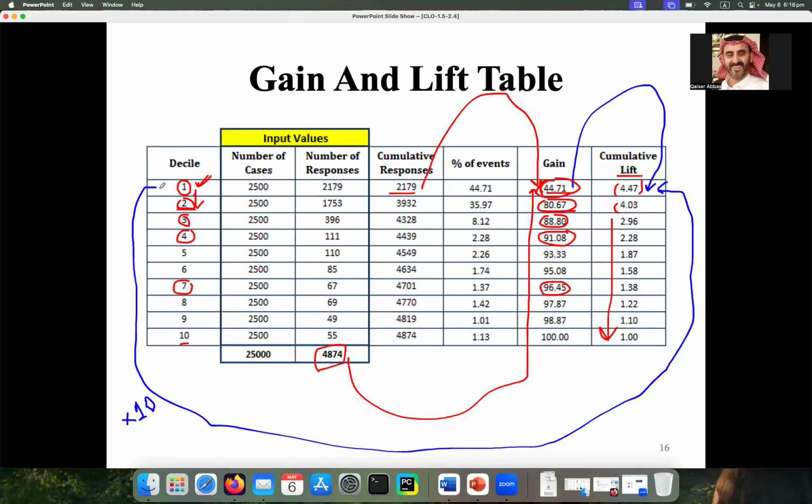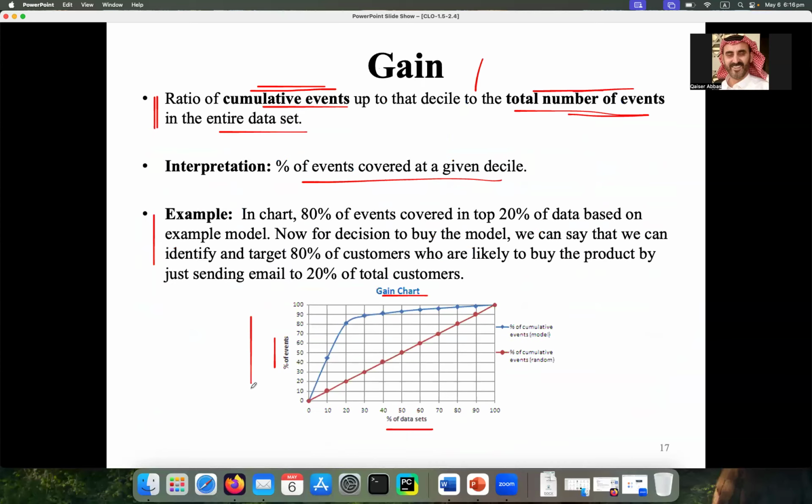So this is your number of data sets, 1, then 10, 20, 30, 40, 50, something like that, and the number of events. It is already there in the table. So you can use these columns and draw that chart using MS Excel or whatever.